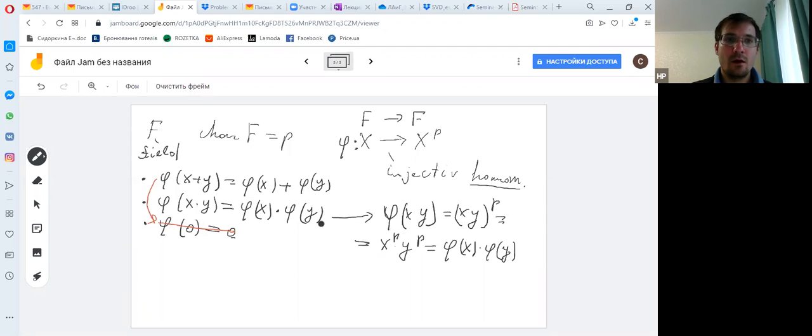And the first is rather strange. For example, when the characteristic equals 2, we have the following rule: x plus y squared equals x squared plus y squared.